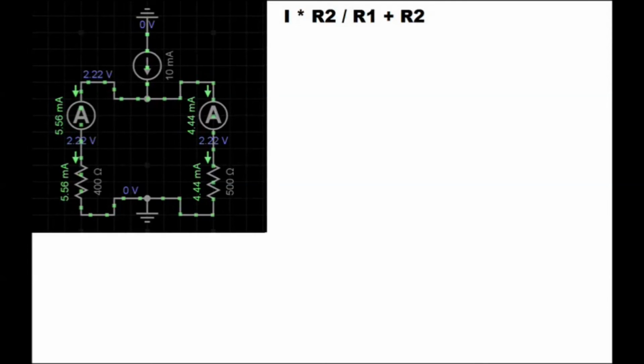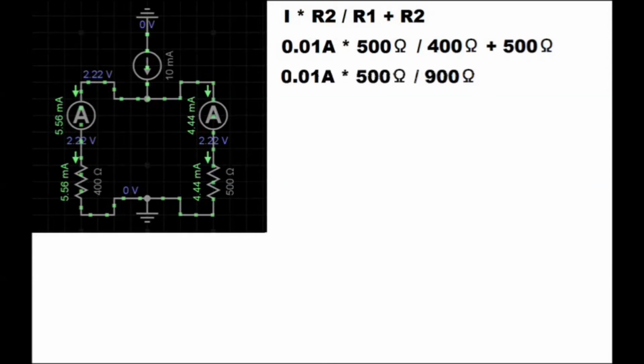Let's change the value of R1 to 400 ohms. 0.01 amps multiplied by 500 ohms divided by 400 ohms plus 500 ohms. This simplifies to 0.01 amps multiplied by 500 ohms divided by 900 ohms.